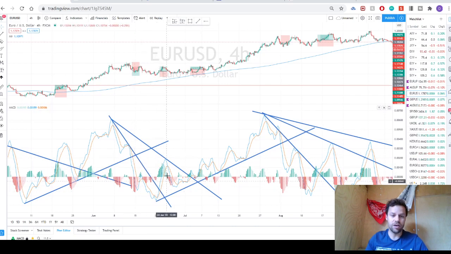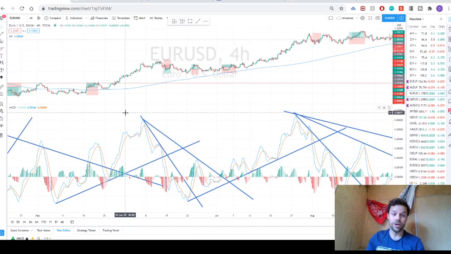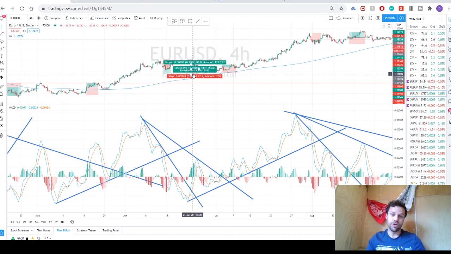It came back down, the exit was there on the original entry, but if you had waited for the next MACD signal, you could have held this entire bullish run all the way to the top, and your exit could have been this little divergence trigger here. The exit for this one could have been the little MACD divergence at the top of the trend on the 4 hour as well. So what I'm noticing is that a bounce after the trend line break can be a really good entry. Just here, stop loss below.